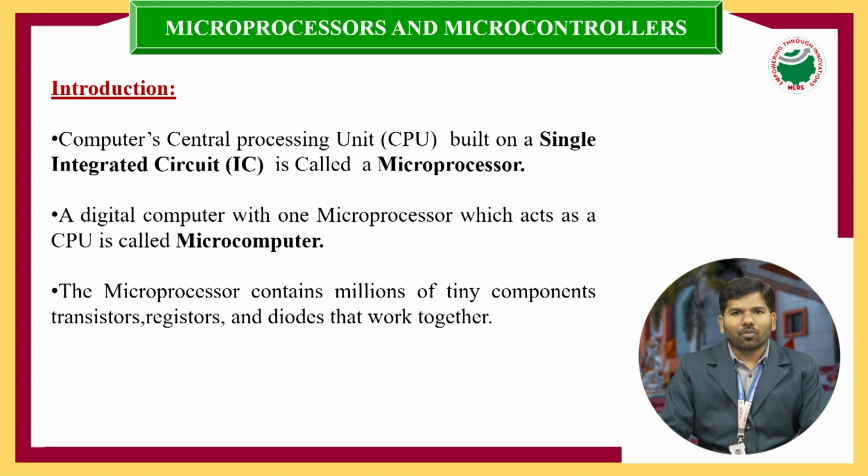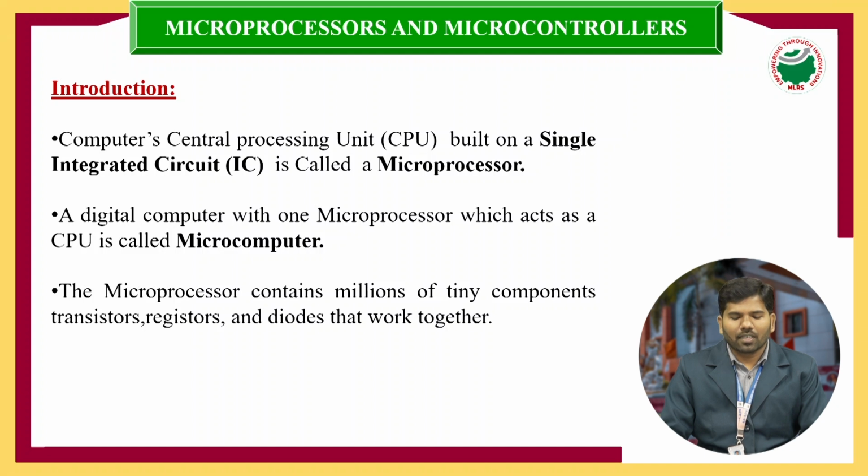So what is microprocessor? Microprocessor is nothing but the central processing unit built on a single integrated chip. Simply, your microprocessor is nothing but your CPU. So what do you mean by microcomputer? A digital computer with one microprocessor which acts as CPU is called a microcomputer.